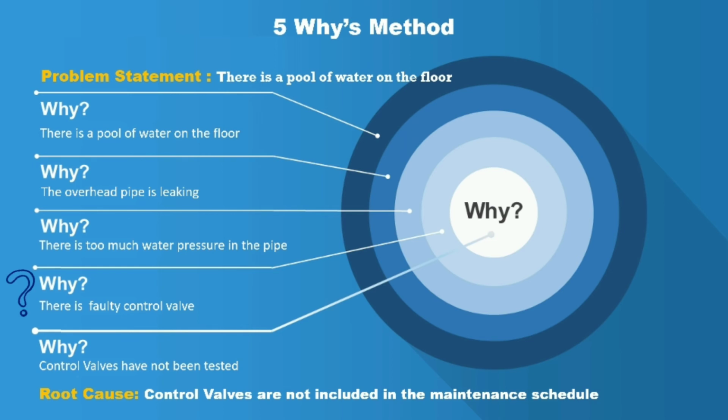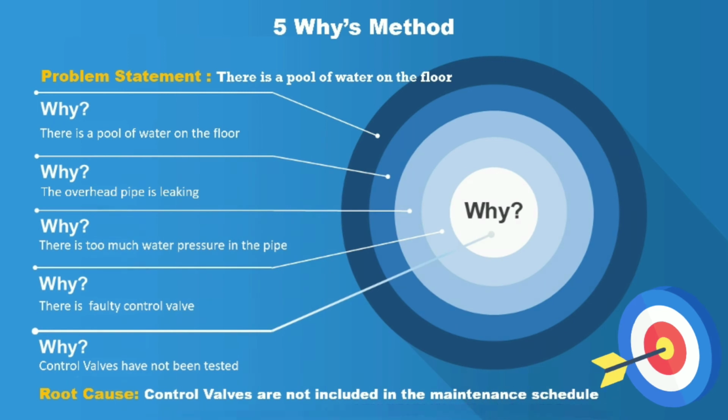And why there is a faulty control valve? Because the control valve has not been tested. Why the control valve has not been tested? Because the control valves are not included in the maintenance schedule, which is the root cause of the problem. We just saw that it is an amazing way of identifying the root cause by just asking 5 whys.